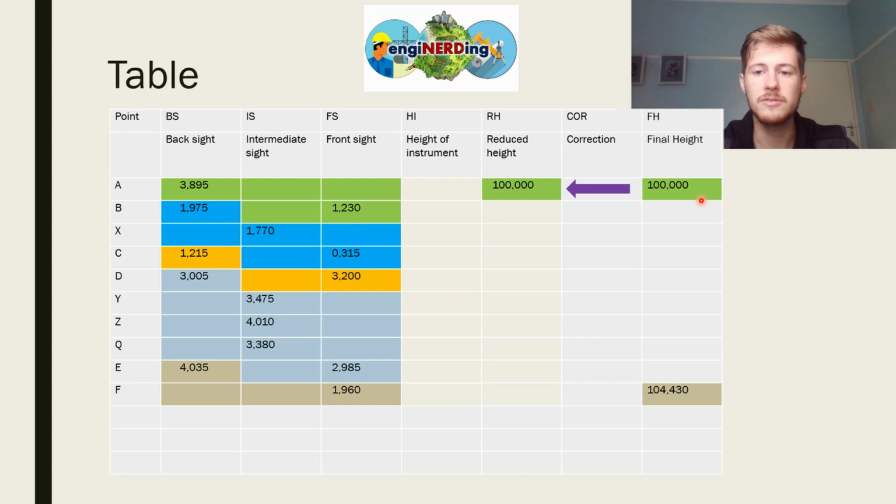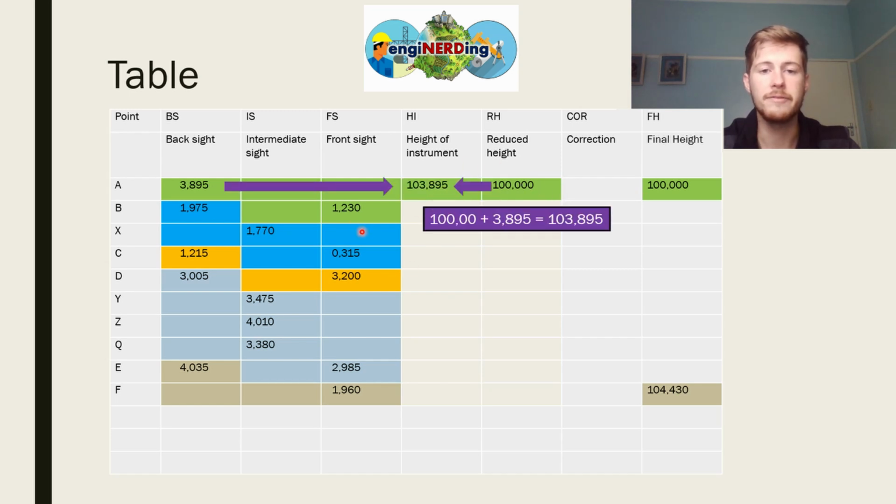The first thing you do is take your final height and assume it's a reduced height: you take that 100 and move it to your first reduced height level. Now we have to calculate the height of our instrument for the first setup. You take this reduced height plus your back site of 3.895 and add them together to get your height of instrument.